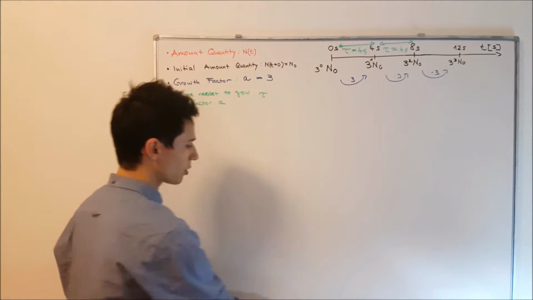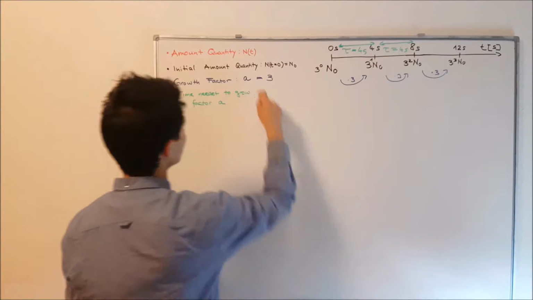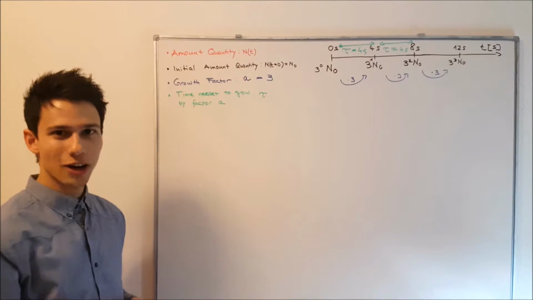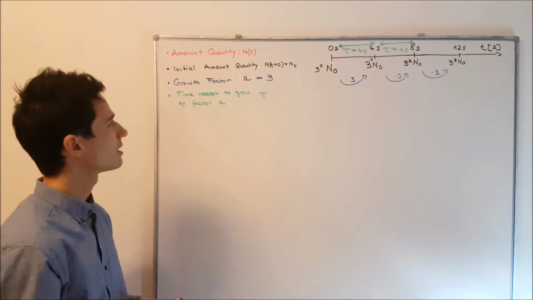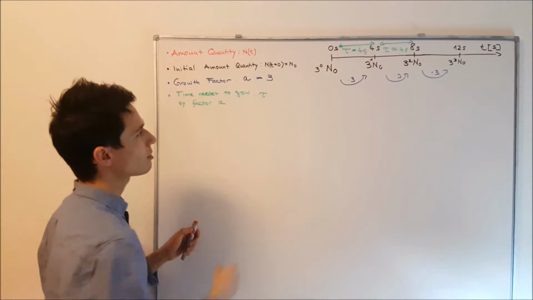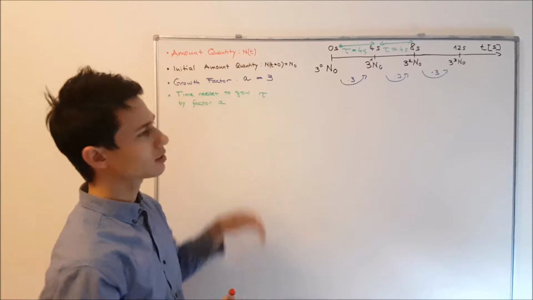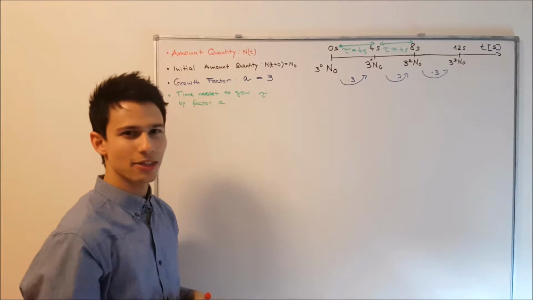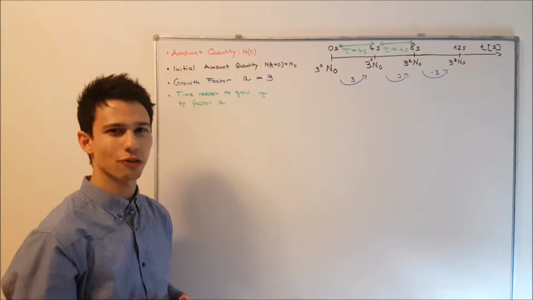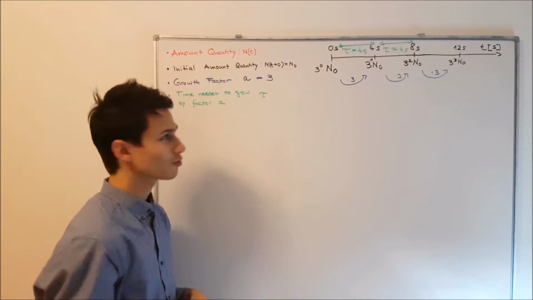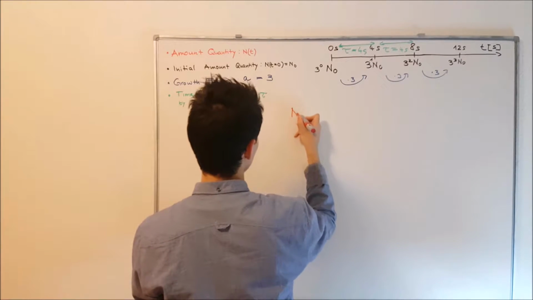And now what we really want to look for is, of course, this function right here. What is n of t? Because n of t would describe at any moment in time t how much of our quantity n we have. And there exists a general equation or formula which can do this for us, and it is the following.